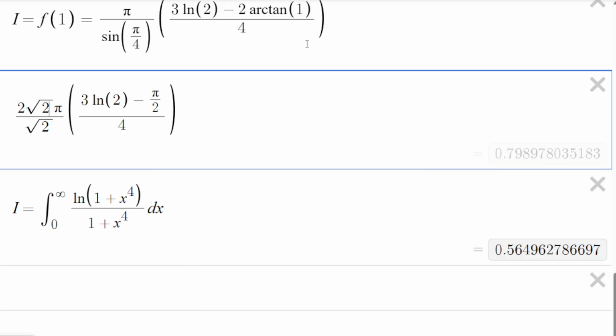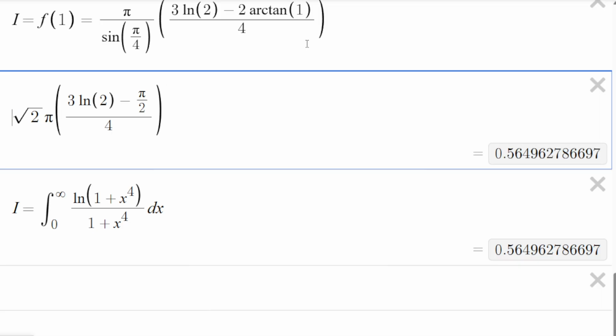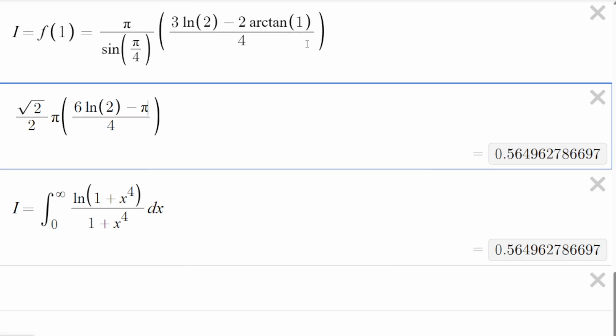Bring another square root of 2 up here to bring this 2 down here. 2's cancel. Let's see. I don't like the pi over 2 here, so let's multiply inside by 2 and divide by 2 on the outside. So this is actually a 6, and this is minus pi.